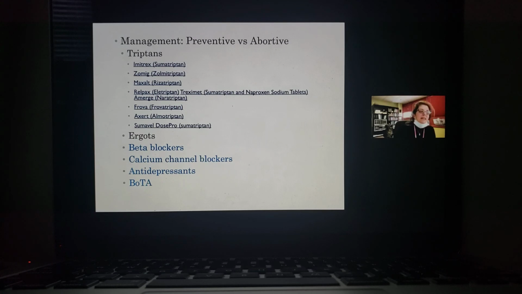No, that's not the idea. But you have to remember, triptans are abortive for migraine. They come as injectables, sublingual dissolving tablets, regular tablets, nasal sprays, and combined with non-steroidal anti-inflammatories. But the thing to remember is triptans are abortive treatments.